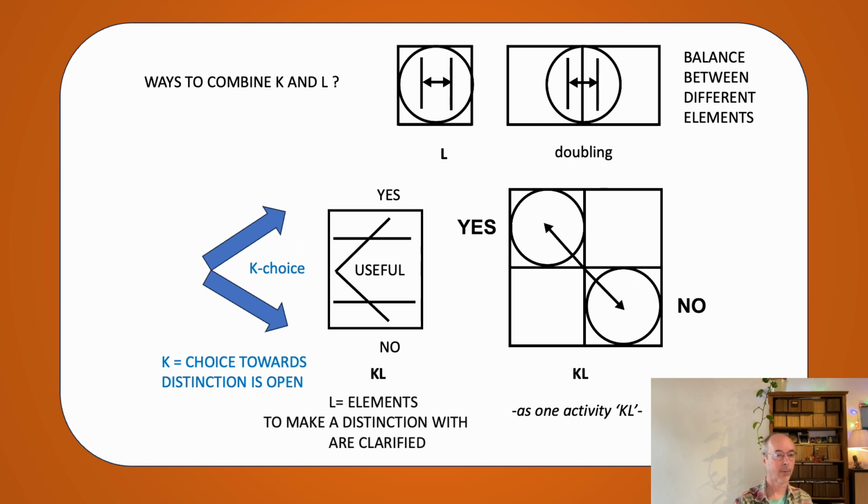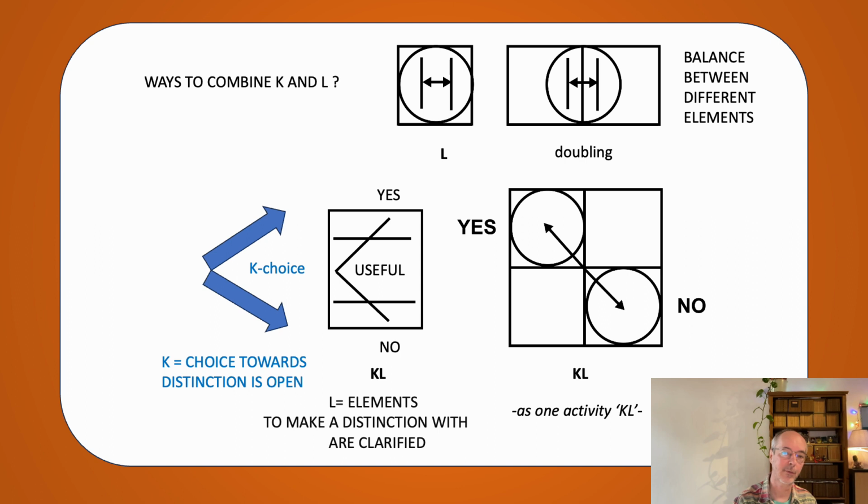We don't know beforehand what the choices will be, but the L will help us because it will help us to differentiate the elements. So the K itself will be between the yes, the no, and the useful middle. I don't know how well it will be balanced, but the L will clarify it, will make a distinction.